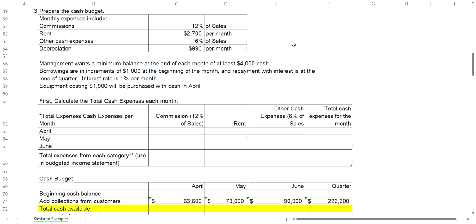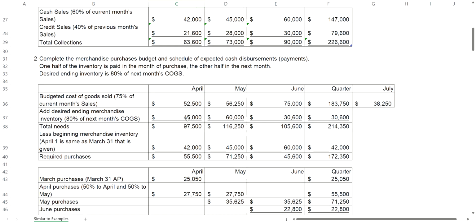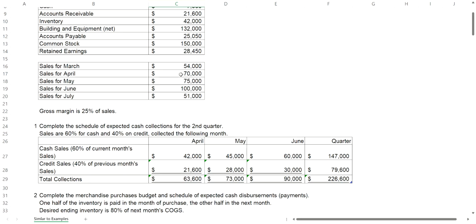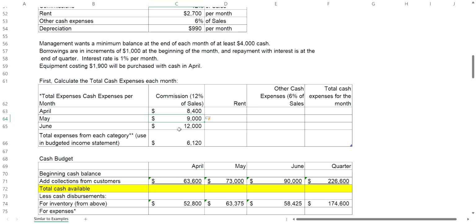Okay, so I'm going to calculate out the commissions, rent, and other expenses, and then put them into our cash budget. Let's start with commissions. Commissions are 12% of sales. So for April, it would be 12% of April sales, way back at the beginning, 70,000.